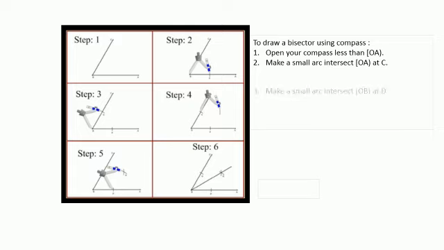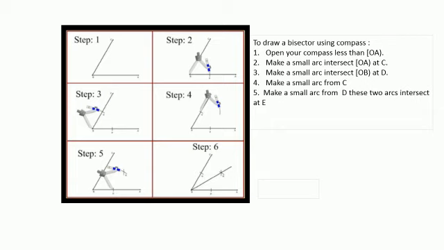In step 3, make another arc on OC, which cuts OB at D. Then in step 4, put our compass on C, then make a small arc from C. In step 5, make a small arc from D. These two arcs intersect at point E.